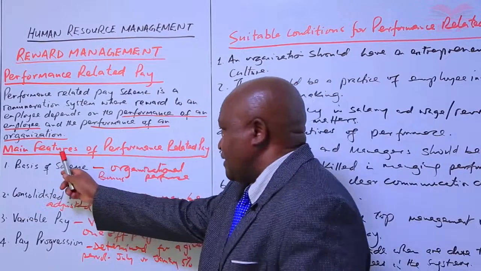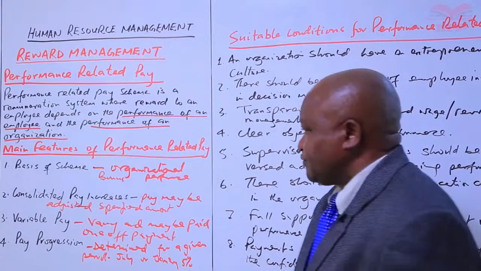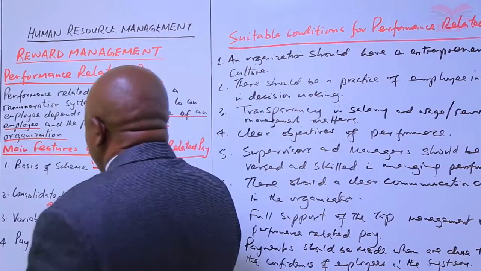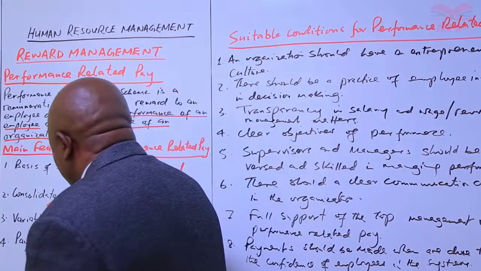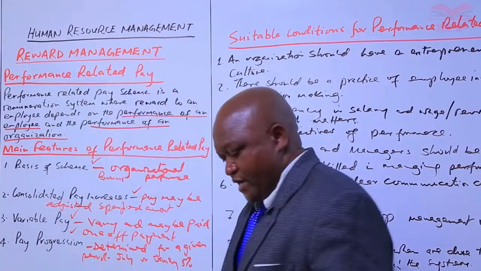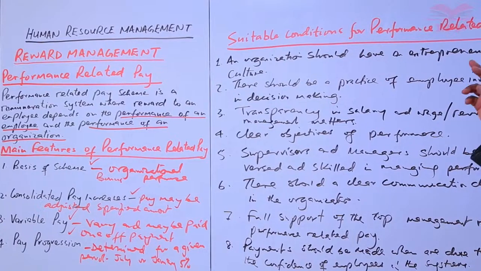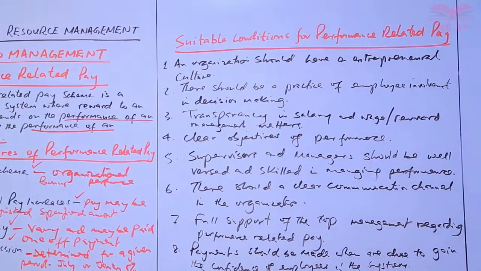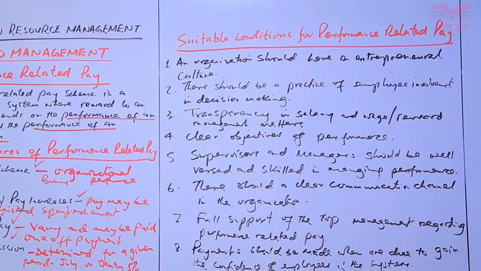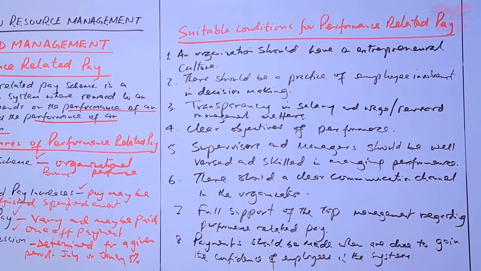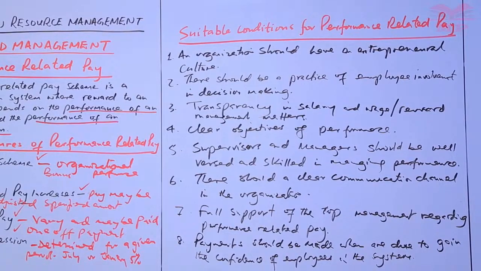The main features are 1, the basis of the scheme, 2, consolidated pay increases, 3, variable pay, and 4, pay progression. And for it to succeed, there are certain conditions that should be suitable, or an environment that will be suitable for the success of a performance-related pay system.